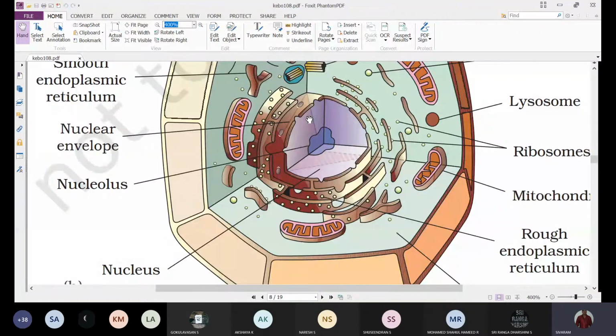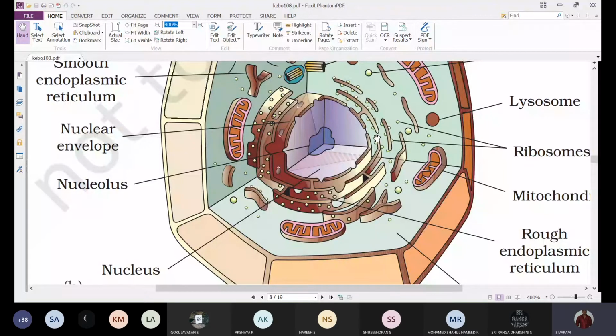And next we can see here, the outer membrane usually extended as endoplasmic reticulum. And usually this endoplasmic reticulum consists of ribosomes. That's why it is called rough endoplasmic reticulum. And when you observe the nuclear membrane, small gaps will be there, by the union of the outer membrane and the inner membrane of the nuclear membrane.